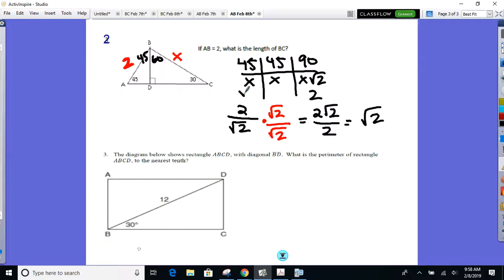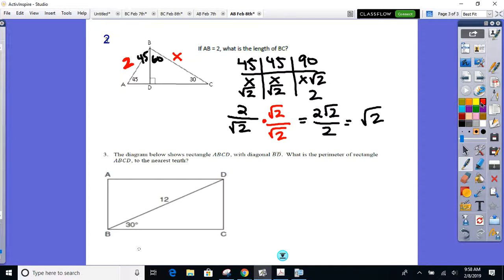So across from the 45s are radical 2s. So that's a radical 2 now.